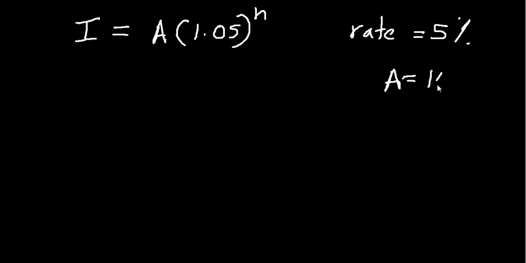Let's say you invested 1,000 pounds. You want to figure out after 5 years what your investment is. You use this formula, which is for compound interest. Let's see what your investment after 5 years is.